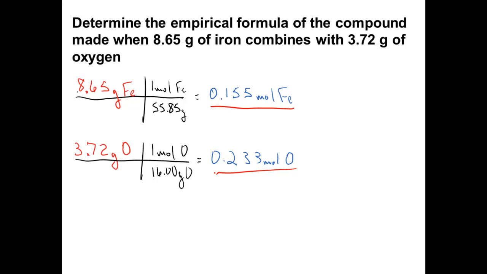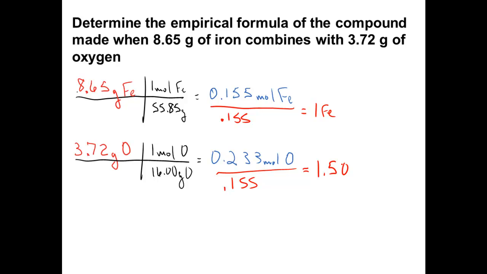What is the ratio of atoms of iron to atoms of oxygen? Well, we're going to divide both of these by the smallest, and the smallest is 0.155. That gives us a ratio of 1 iron, and 0.232 divided by 0.155 is 1.5 oxygen.